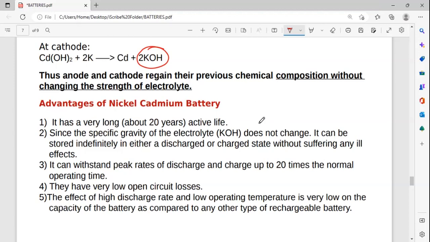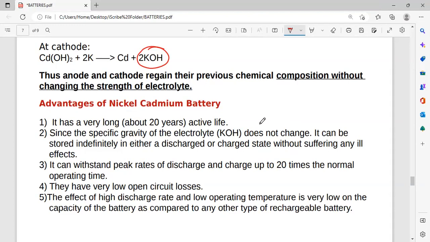Likewise, we have good advantages for the nickel cadmium battery, but the disadvantages don't really find favor for it being used on board the ship. As I said, not to say that it is not used on board ship. People would prefer that lead acid batteries are used over nickel cadmium.